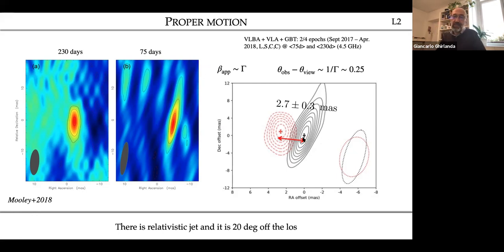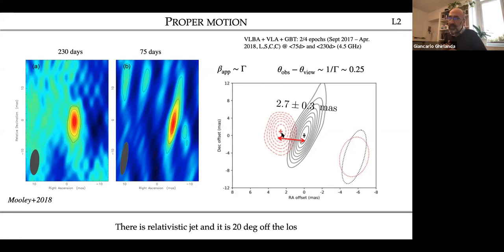So by measuring this displacement, having the time of the 2 epochs, it is possible to derive the apparent speed at which the source expanded, moved in the plane of the sky, which is a superluminal value of the speed, because it turns out in this case to be apparent beta equal 4, okay?